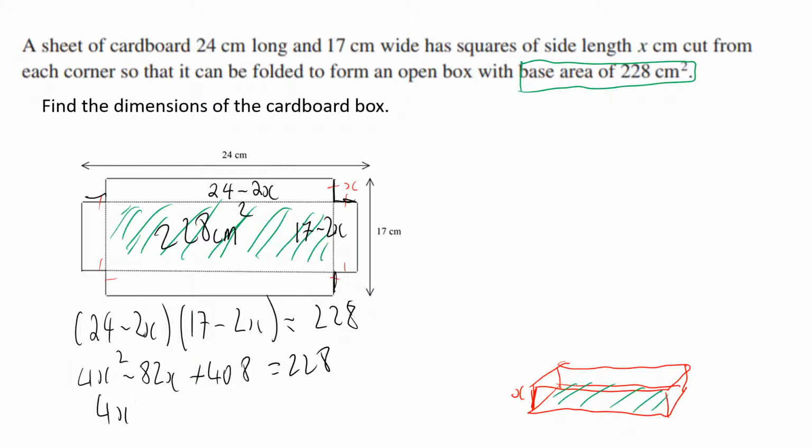Subtracting, 4x squared minus 82x plus 180 equals 0, since 408 less 228 is 180.